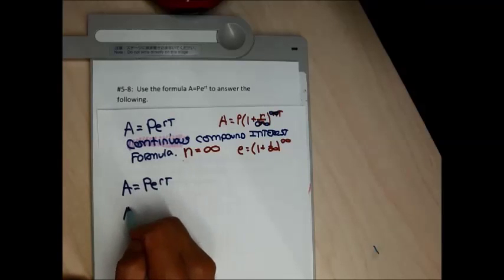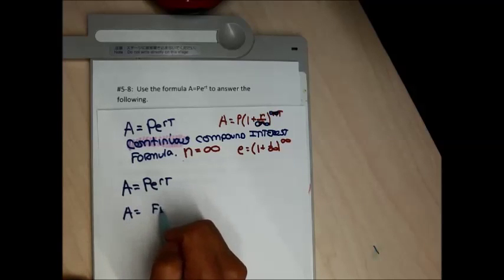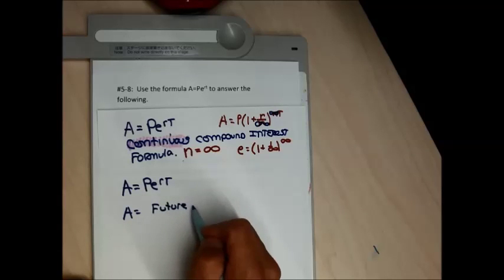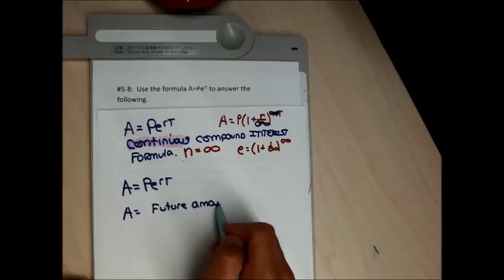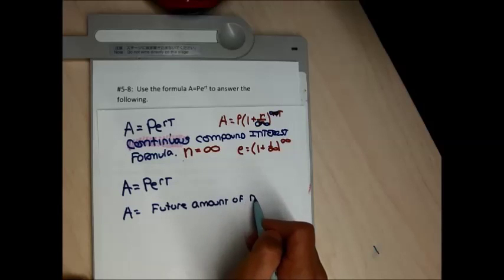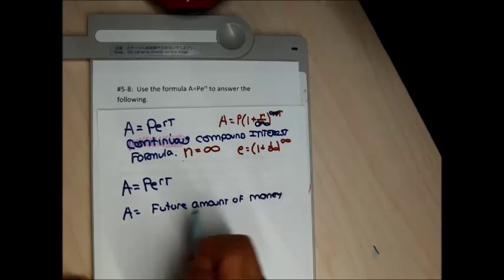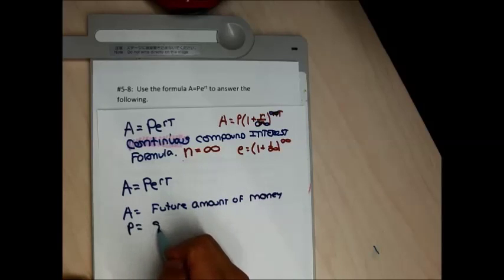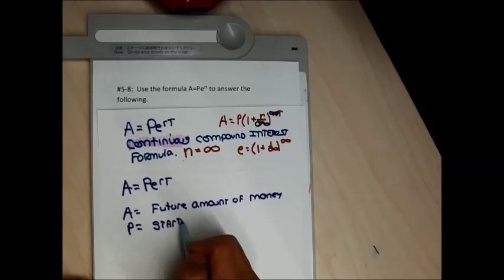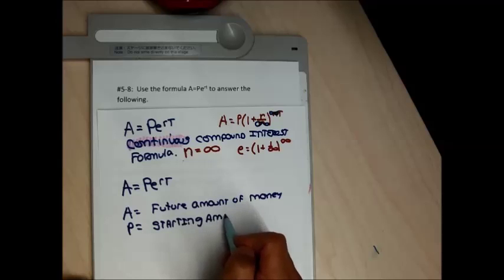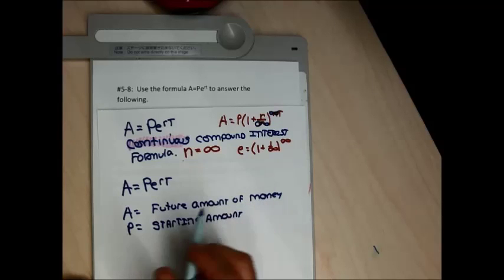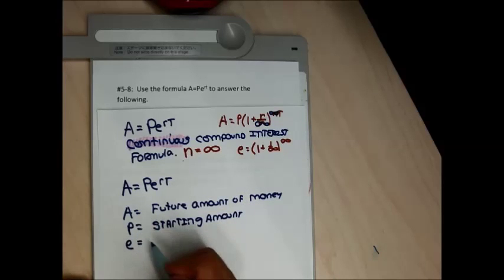the A is still the future amount of money. The P is still the starting amount of money. The e looks like it's an unknown.